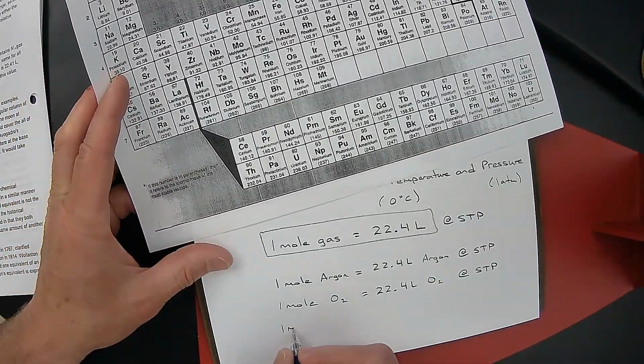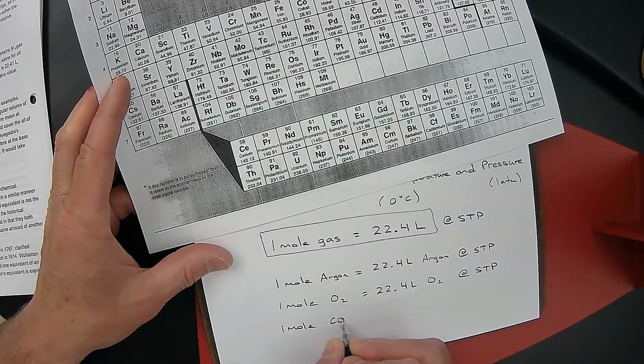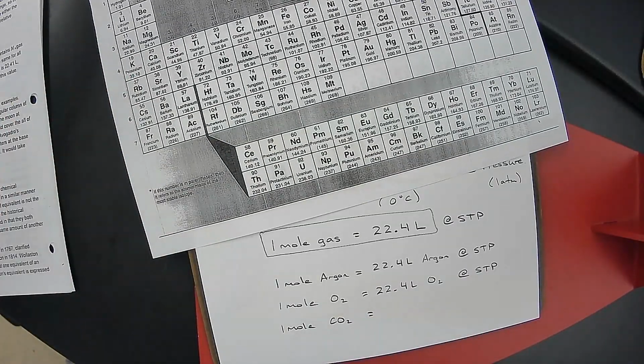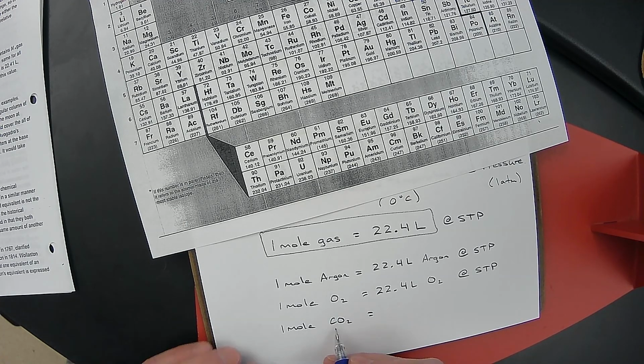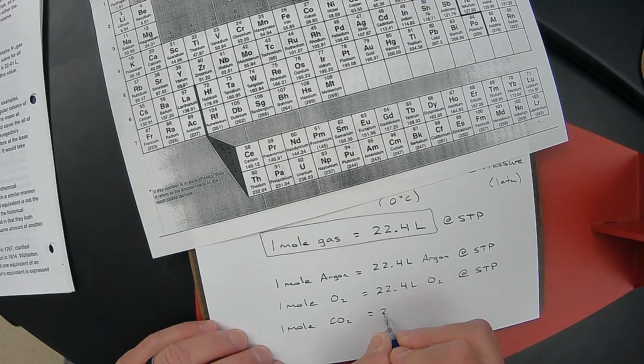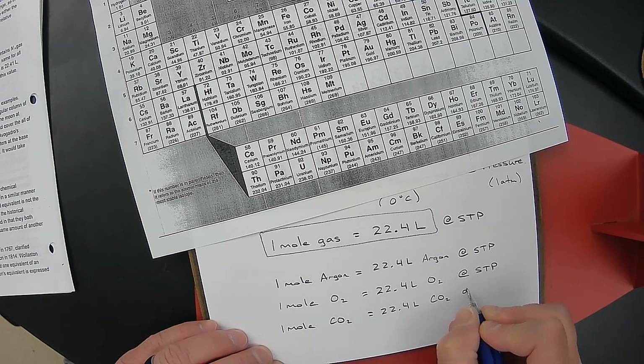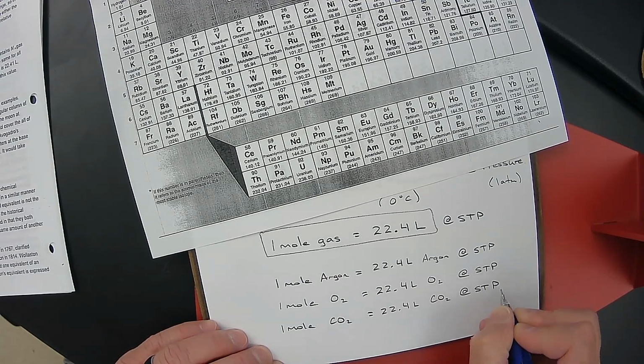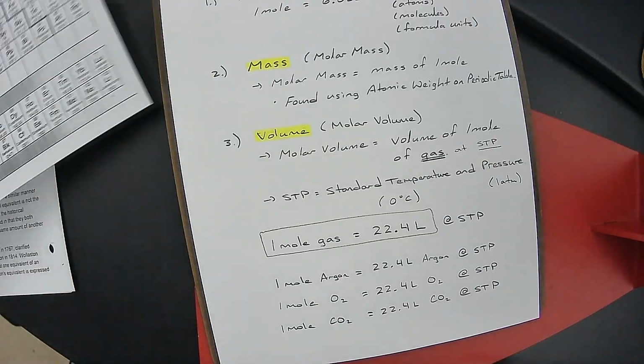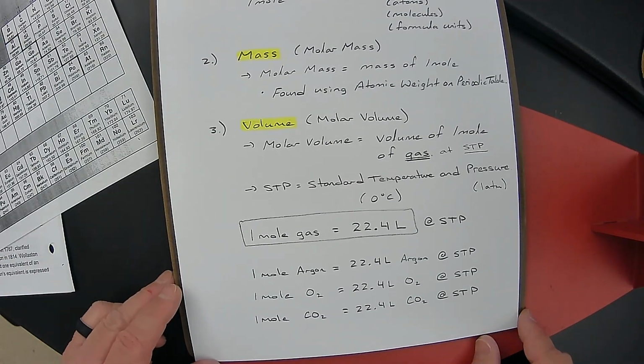How about 1 mole of carbon dioxide? 1 mole of carbon dioxide, even though it is a molecule, even though it's got 1 carbon and 2 oxygen, it is going to be 22.4 liters of CO2 as long as you are at standard temperature and standard pressure.